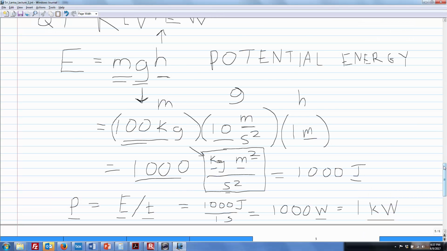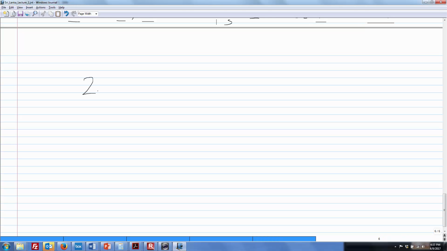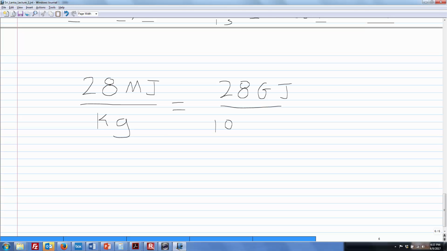Let's do the math here. So 28 megajoules per kilogram equals 28 gigajoules per 1,000 kilograms, and that's the same as 28 gigajoules per metric ton.